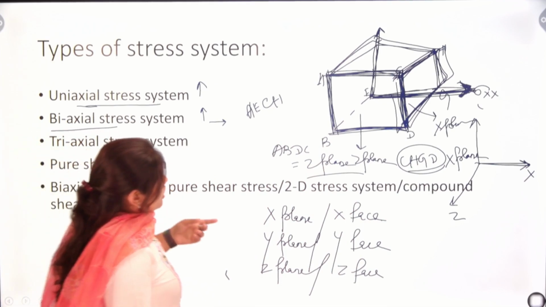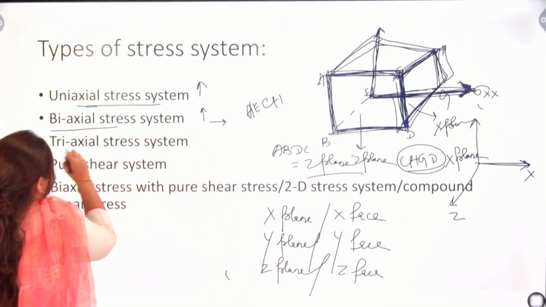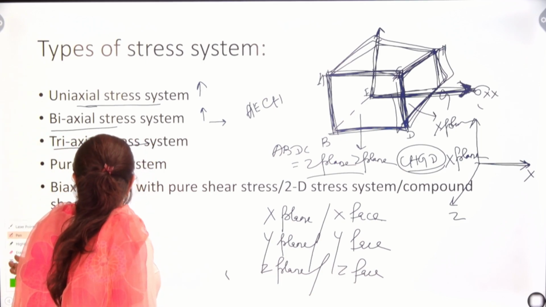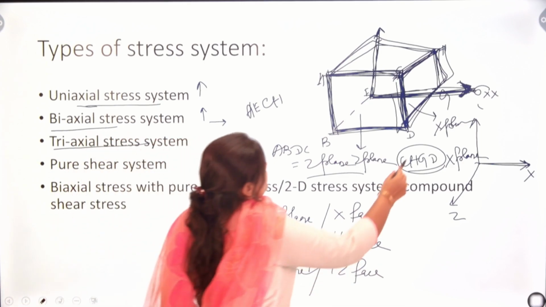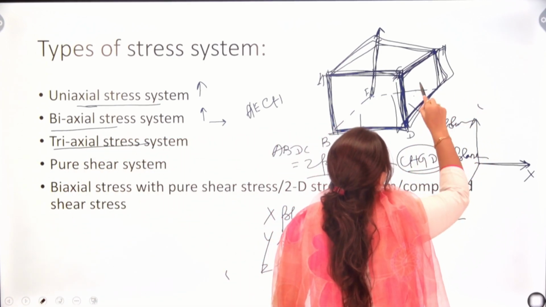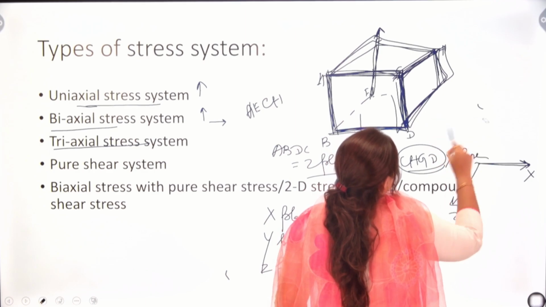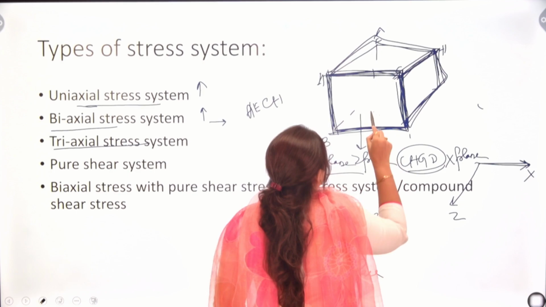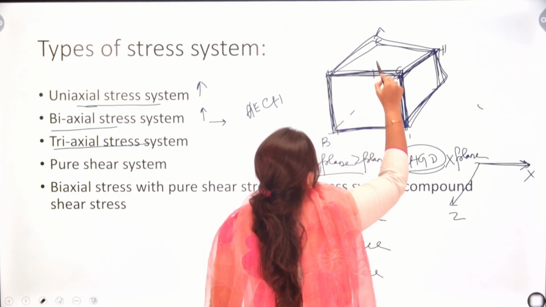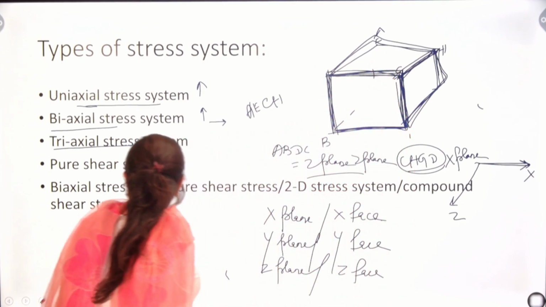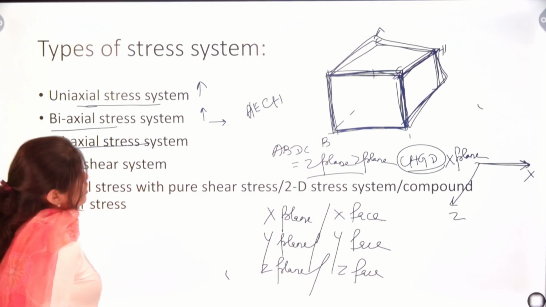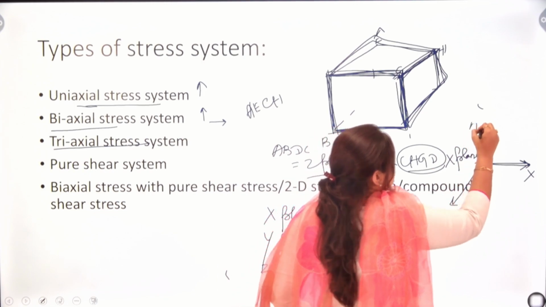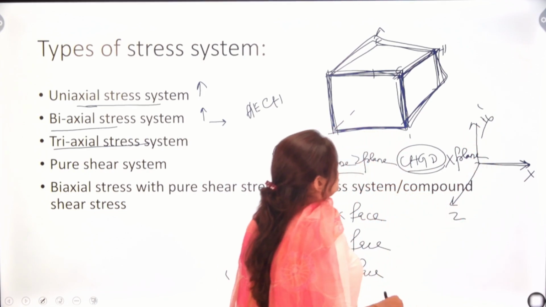Okay, so we need to understand what a triaxial stress system is. In a triaxial stress system, there will be three stresses, in the x direction, y direction and z direction.